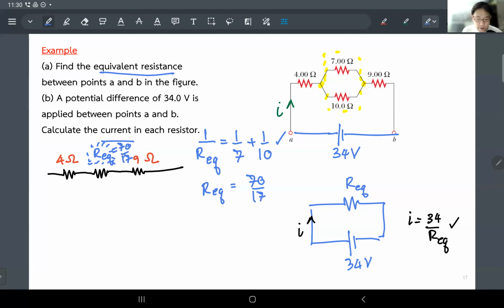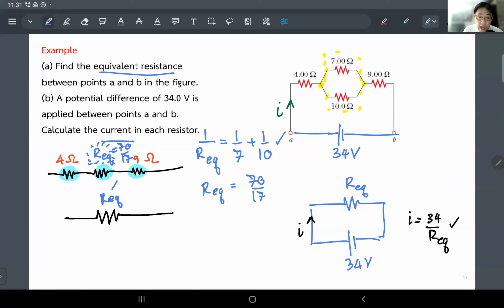Now look further. These three are now connected in series, back to back. That means now I can combine them into a single one. Let me name this one R equivalent prime, the next one.